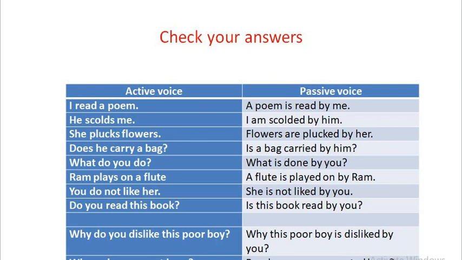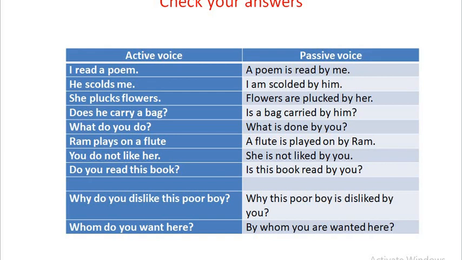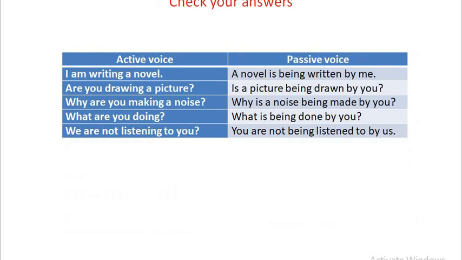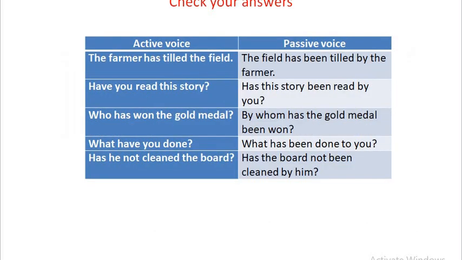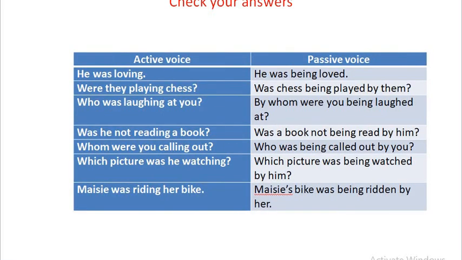Now you have to check the answers. These are the answers for all the exercises I have given you. These are the answers for present perfect tense. This is simple past tense. This is for past continuous.